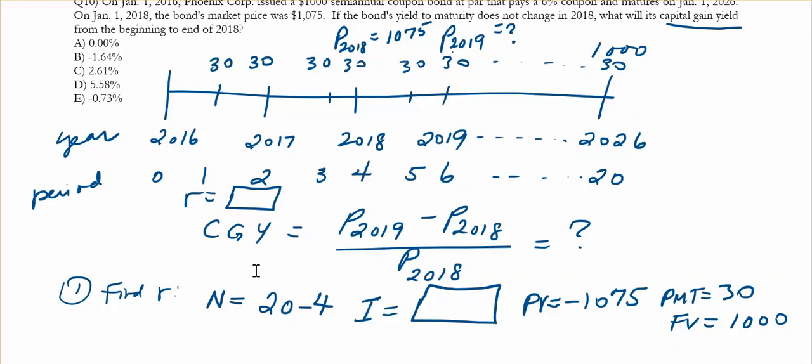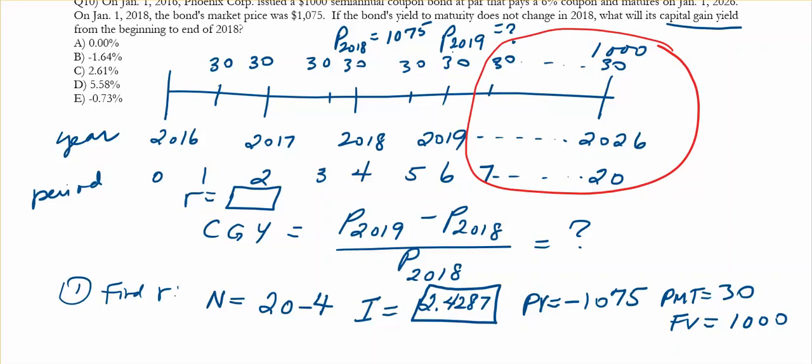PV equals negative 1075. PMT equals 30. FV equals 1000. Solve for I. You get 2.4287. Okay, leave that in your calculator. Now to get the price in 2019, realize that in 2019 you have a claim on all of these cash flows as of that date.